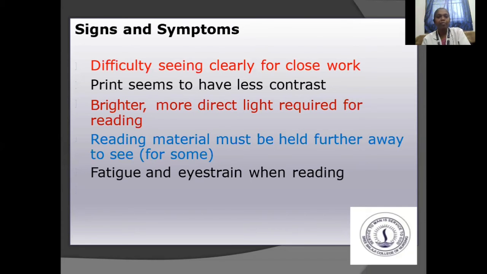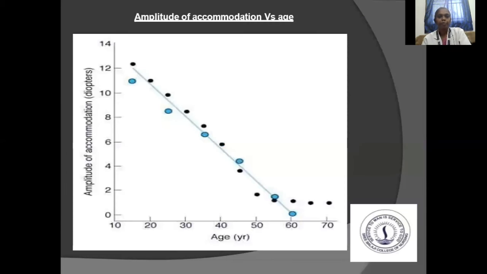They need very bright or direct light to be able to read; otherwise, they will find it difficult to read. Then reading material must be held further away to see, but not in all cases. In some cases, they have this problem. Then fatigue and eye strain when reading. They are always complaining of fatigue and eye strain, especially while reading.